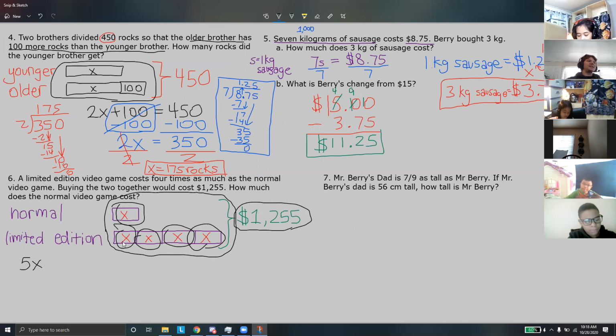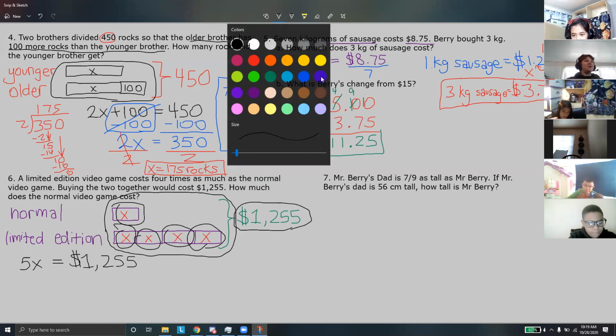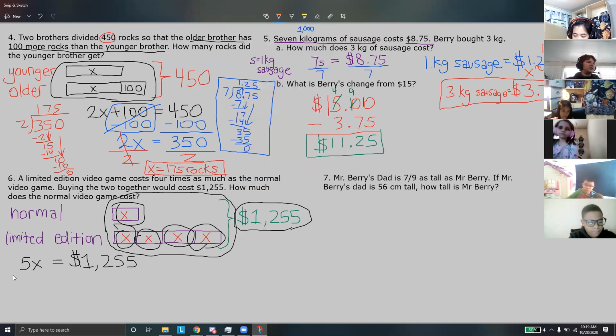We have x plus x plus x plus x plus x is the same as 5 times x. So we have 5x is equal to $1,255. And we don't want to know what 5 x's are. We want to know what 1 x is. So we can just, the opposite of 5 times x is divided by 5 on both sides.